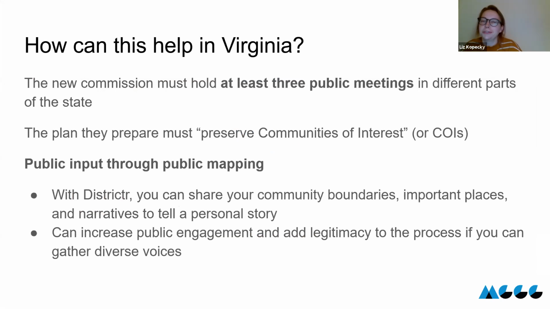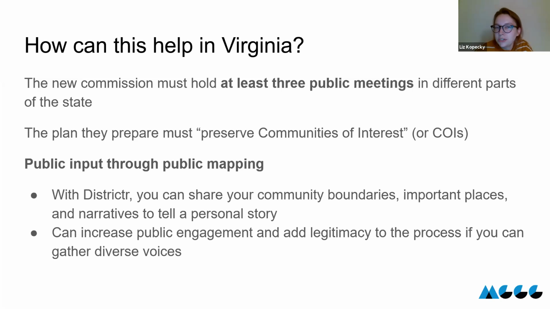Yeah, it's really interesting once you start playing and mapping your community to kind of see what kind of data is there. But so how can this help in Virginia? The new commission has to hold 3 public meetings in different parts of the state to collect public testimony, and they have to prepare a plan that preserves communities of interest.